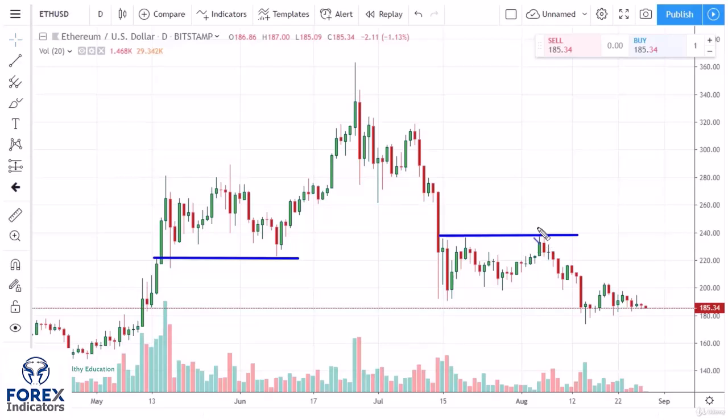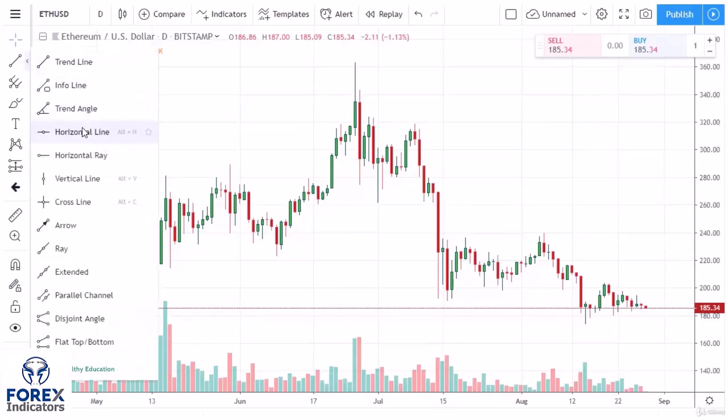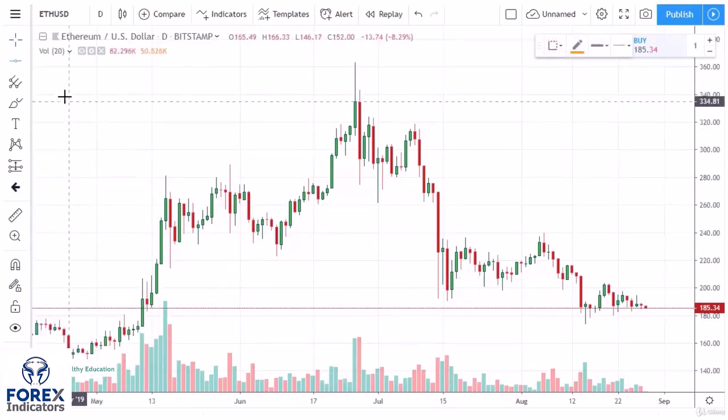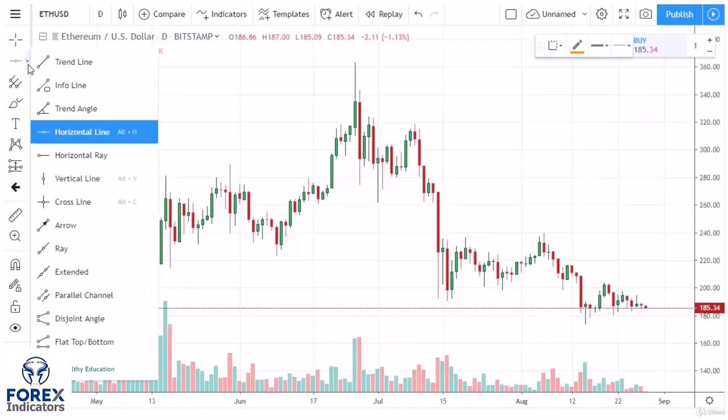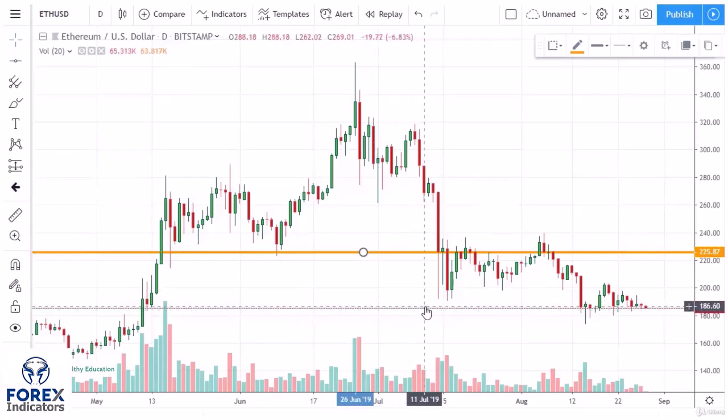Now, support and resistance tends to form at large round figures, and as a result, you can use that to your advantage. In order to do this on TradingView, you click on the line tool, the horizontal line tool, and then you just place it right on the chart.